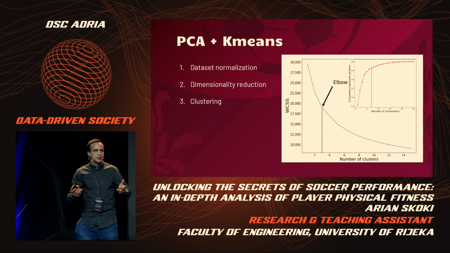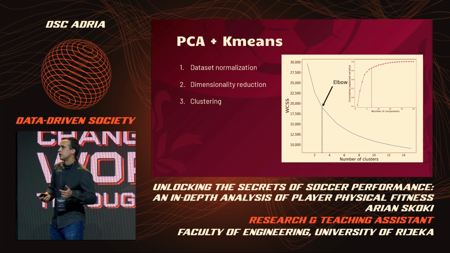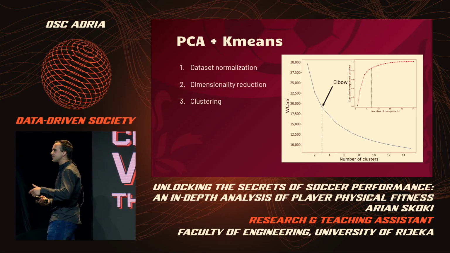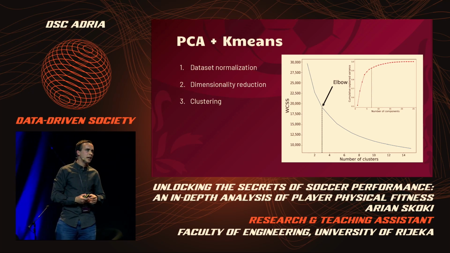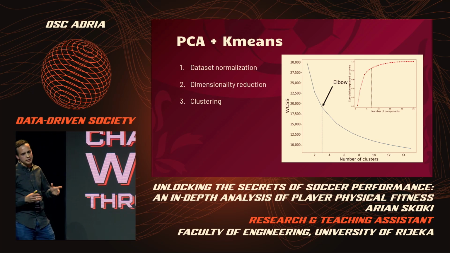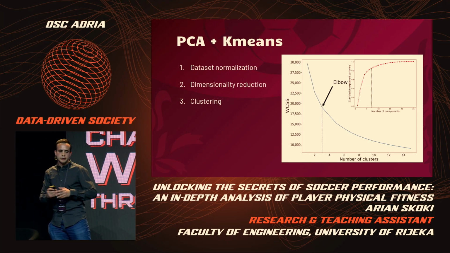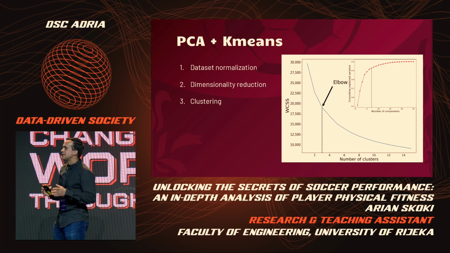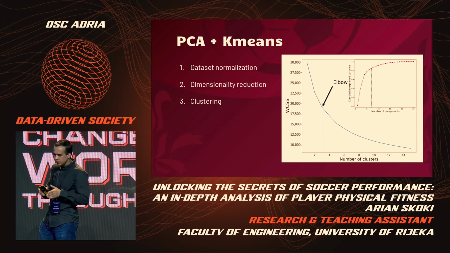And now I'm going to present you a paper that we did 6 months ago. So you saw tracking data, you saw GPS data. This paper was done by using GPS data. And we split the match into intervals of 5 minutes, because that was the lowest we could go. And then we wanted to extract what is happening exactly in one particular minute.